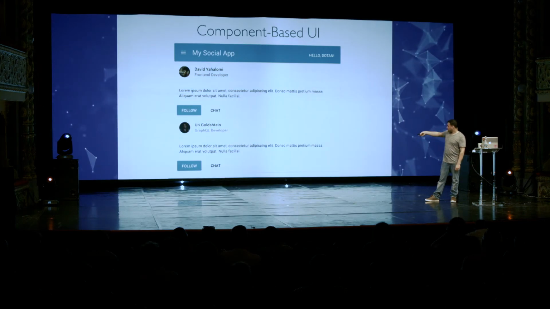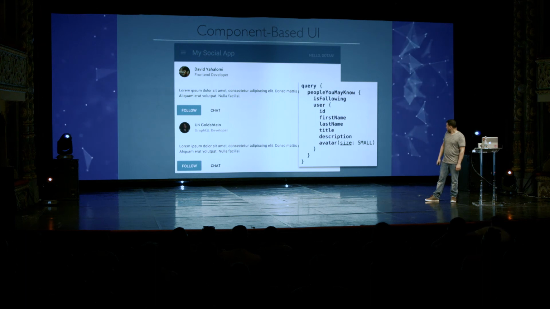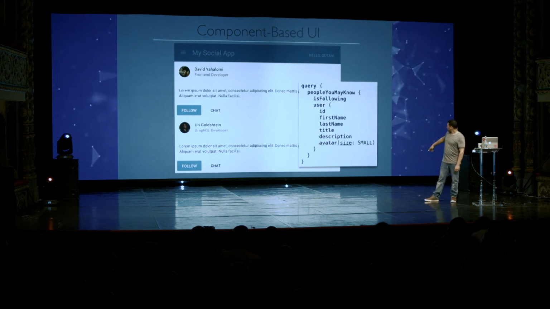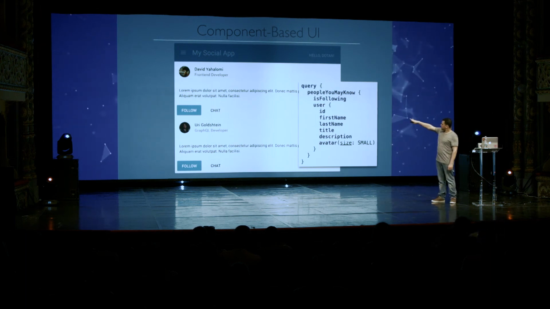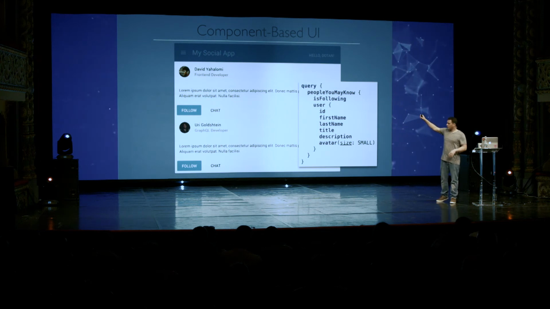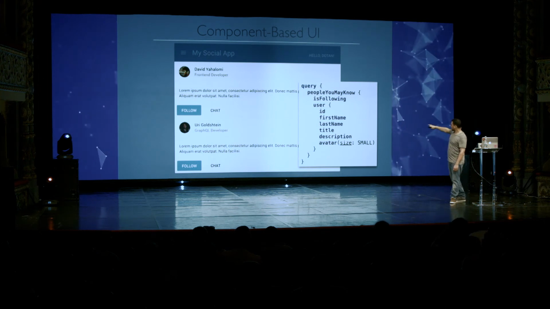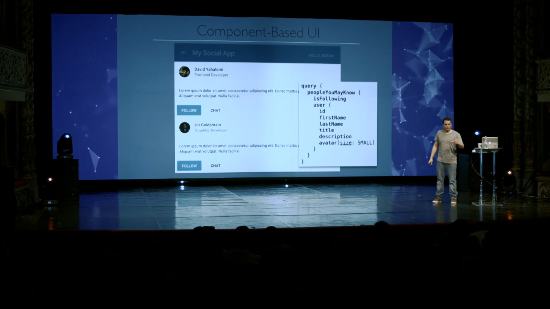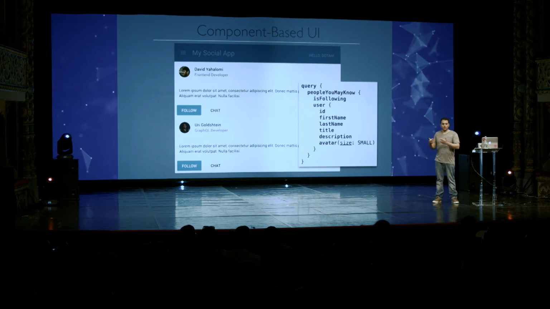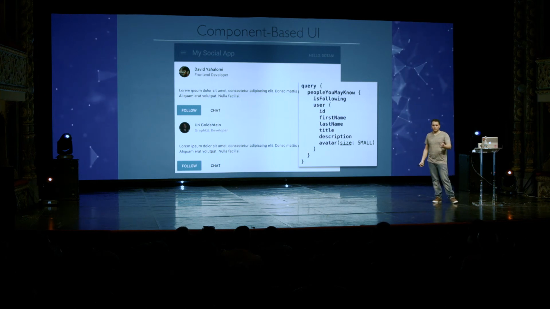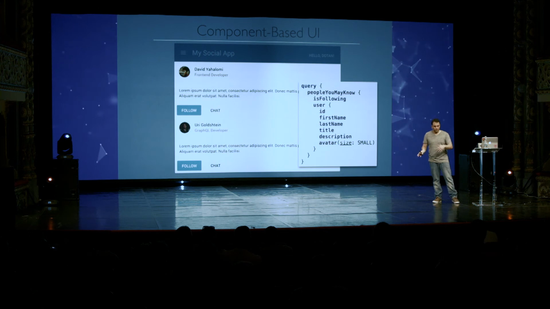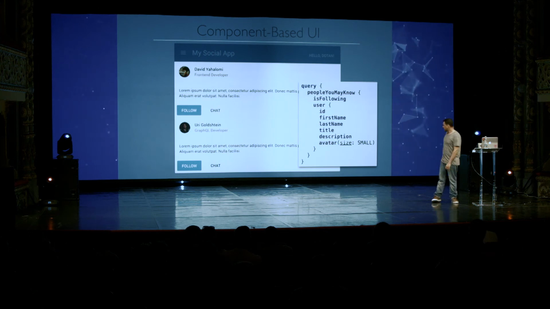Let's see another example, the people you may know list. You can see here that we have the first name, last name, the avatar, the description, and anything else. We also need to know the state of the following, so the UI developers can choose to show follow or unfollow in the button text.